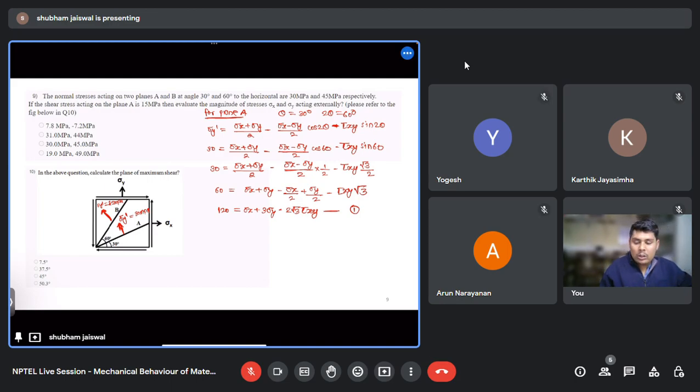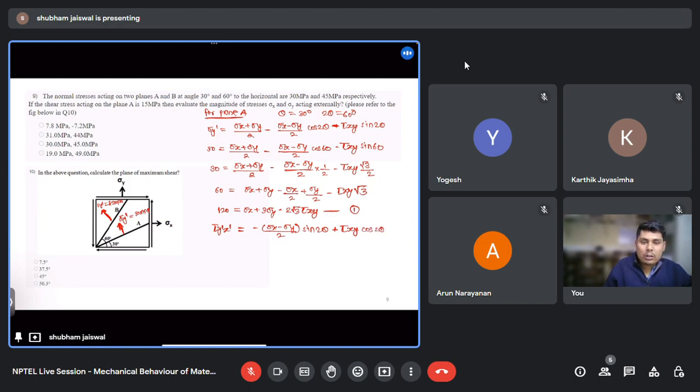So now, if we calculate for tau y prime x prime, what is the equation? Minus (sigma x minus sigma y) by 2 sin 2 theta plus tau xy cos 2 theta.